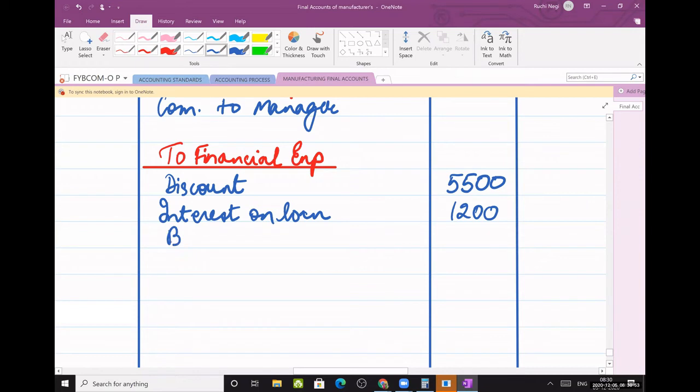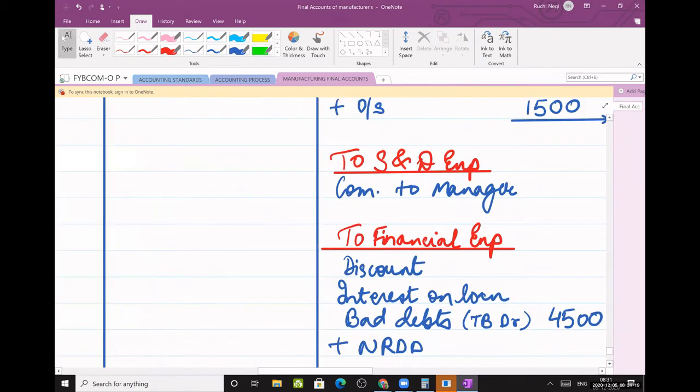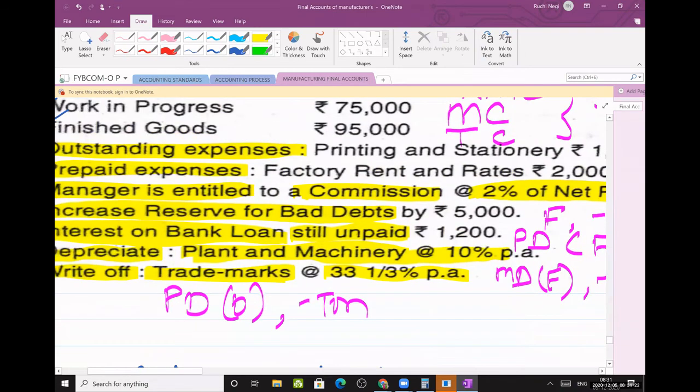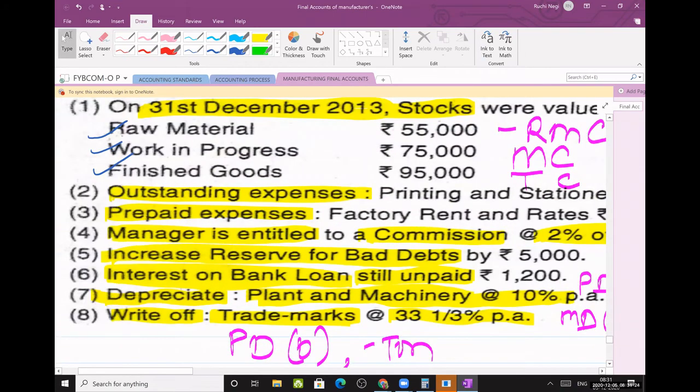Bad debts. For bad debts you have to write everything. I hope you know that. Bad debts, trial balance debit. Given in the sum. Add that new already. How much is already given? It is already said to increase by 5,000.